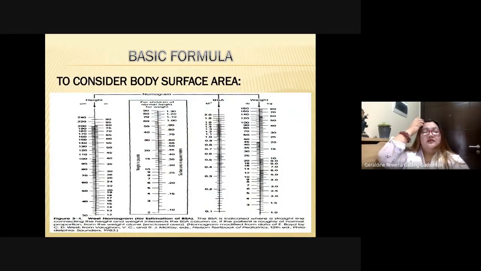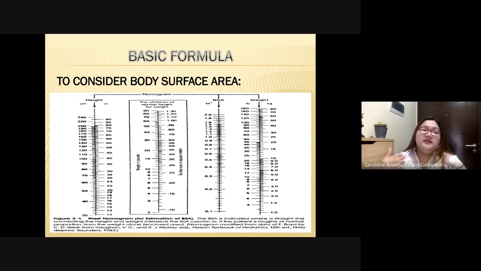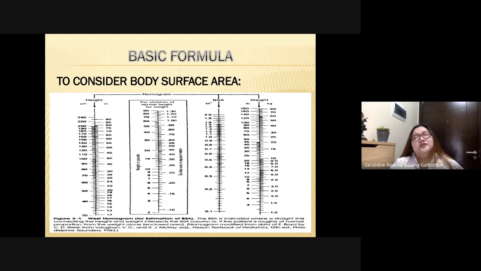Now, another example. What if in the given scenario, hindi lang weight ang kinoconsider? Okay? Kasi yung mga nakaraang example natin, ang kinoconsider body weight. Tapos i-multiply mo doon sa milligram. So in this case, ang kailangan natin, body surface area.